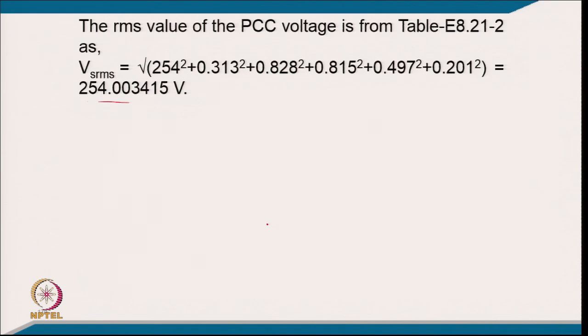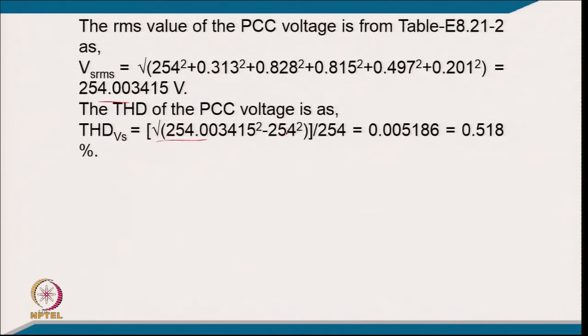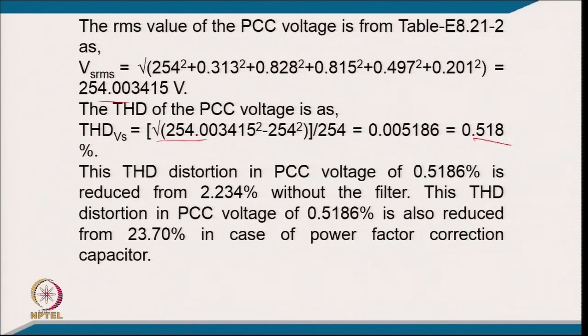So, this is 254, which is not much deviating from the nominal voltage, and the TAD of PCC voltage is only 0.1518%, and you can see that resonance is avoided, and it is giving the right solution for reduction of distortion. So, this TAD distortion of PCC voltage is 0.5186%, reduced from 2.23% without the filter, and also reduced from 23.7% in case of the power factor capacitor, which was under resonance.